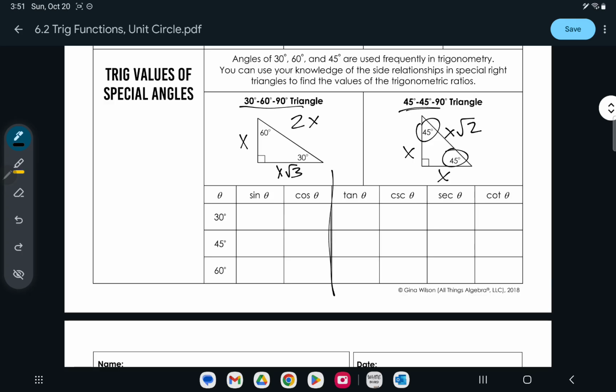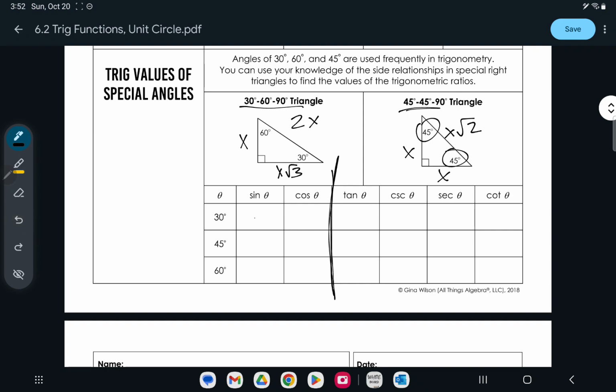If you memorize your sines and cosines of 30, 45, and 60, it'll help you fill out the unit circle. I'll just fill these all out. Well, let's do it.